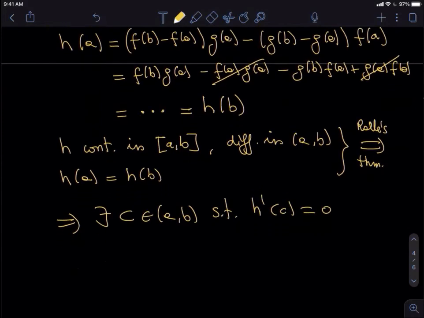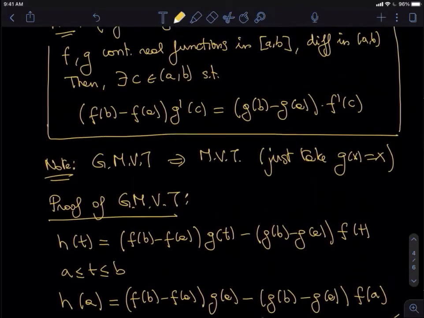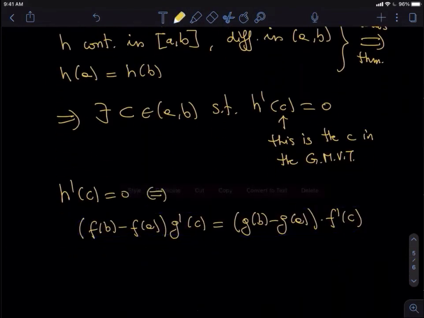Okay, and this is the c in the generalized mean value theorem. Okay, and here we are done because h prime of c equals 0 is equivalent to the conclusion of the theorem, which is this one over here that I'm going to copy paste. Okay, and then we are done.